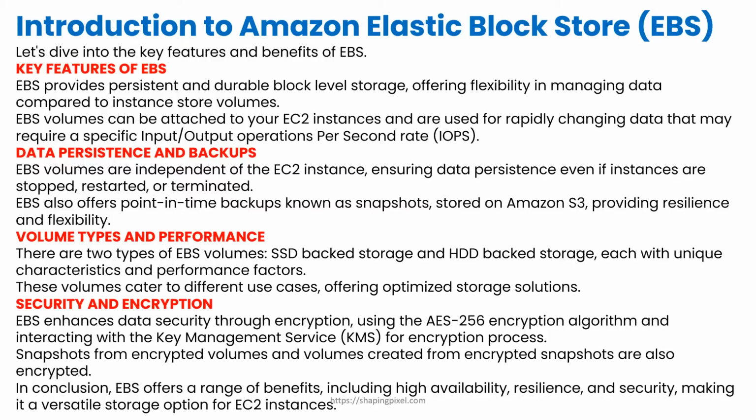Snapshots from encrypted volumes and volumes created from encrypted snapshots are also encrypted. In conclusion, EBS offers a range of benefits, including high availability, resilience, and security, making it a versatile storage option for EC2 instances.